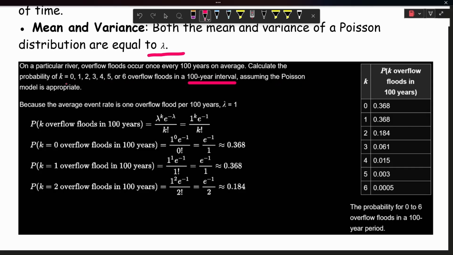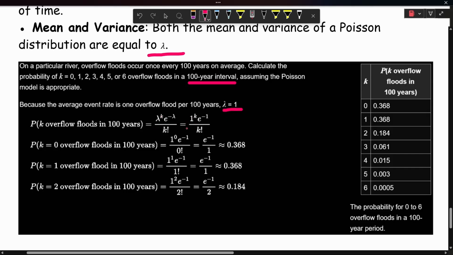Assume the Poisson model is appropriate because the average event rate is one overflow per 100 years. There is only one flood occurring in every 100 years on average. So lambda equal to 1, probability of k overflow floods in 100 years. Here we have considered lambda as 1.